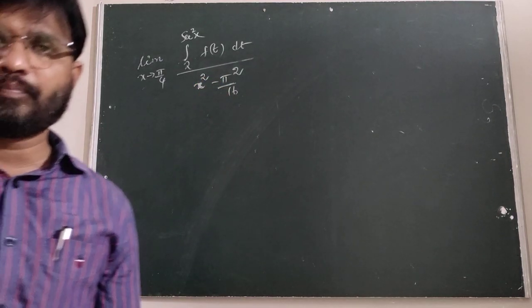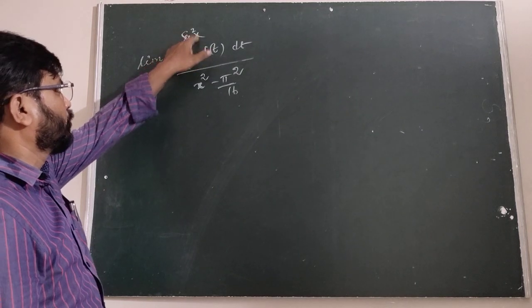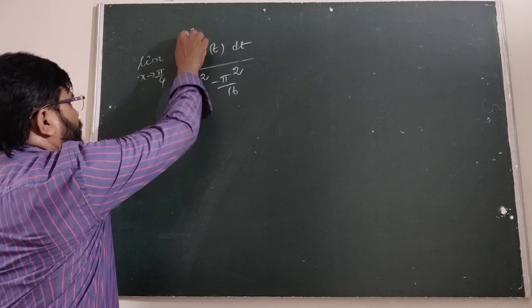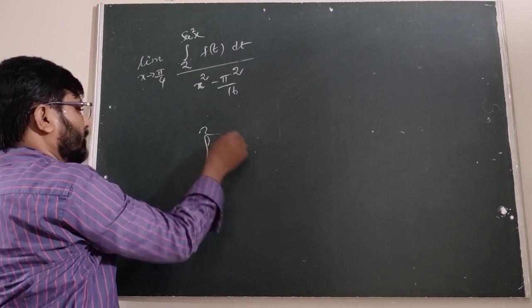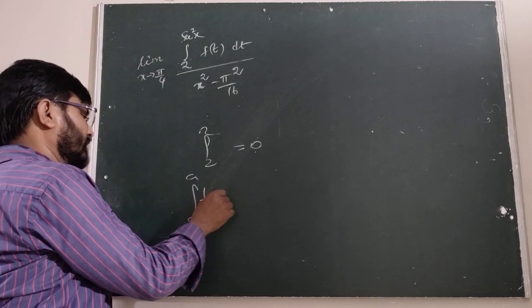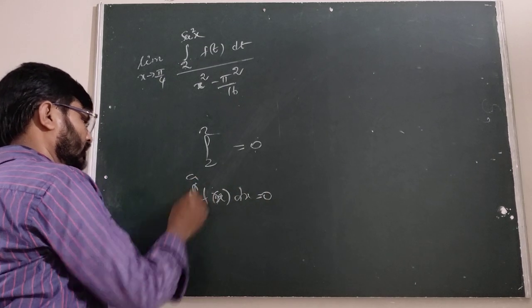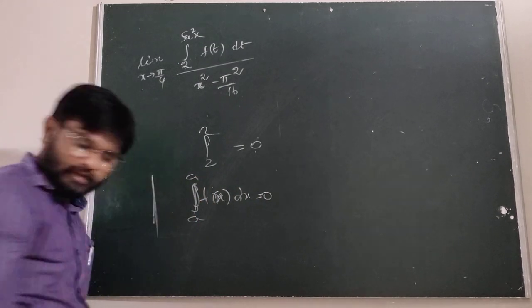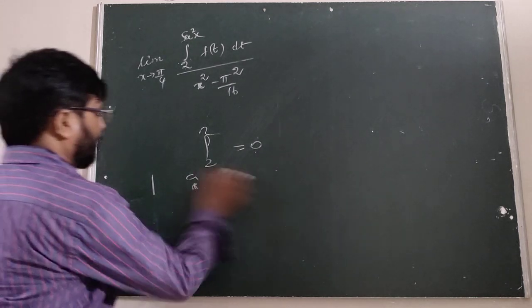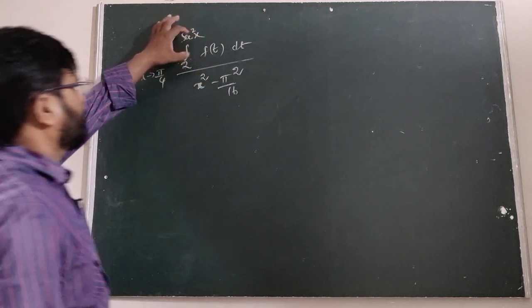When we apply the limit x equal to 45, secant 45 is root 2, root 2 whole square is 2. The limit from 2 to 2 means its value is 0, since the integral from a to a of f of x dx equals 0. That means the area is bounded only by x equal to a, which is parallel to the y-axis. Therefore, here this is 0.